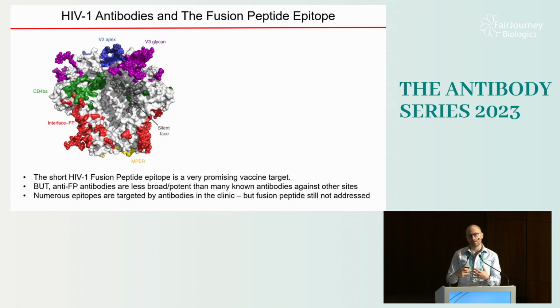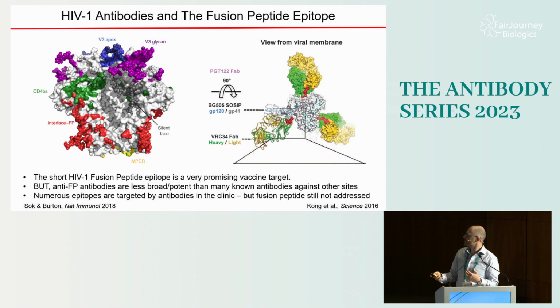Often the virus pays a consequence for mutating these sites, and so they're more broadly conserved and also vulnerable to neutralization. The fusion peptide is down here, and it's a really promising vaccine target because that site is short, 8 amino acids, and so it doesn't vary. I mean, it does vary, but it's a little bit easier to target with a vaccine.